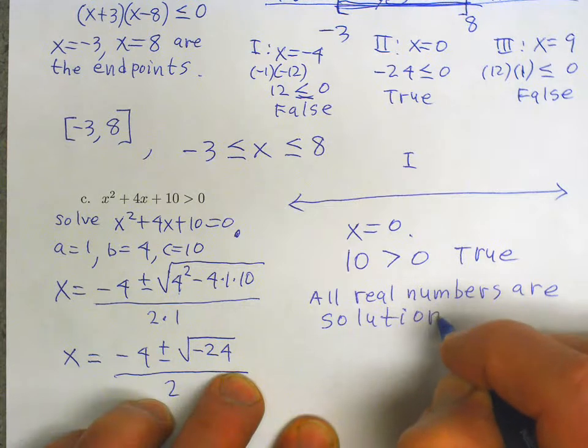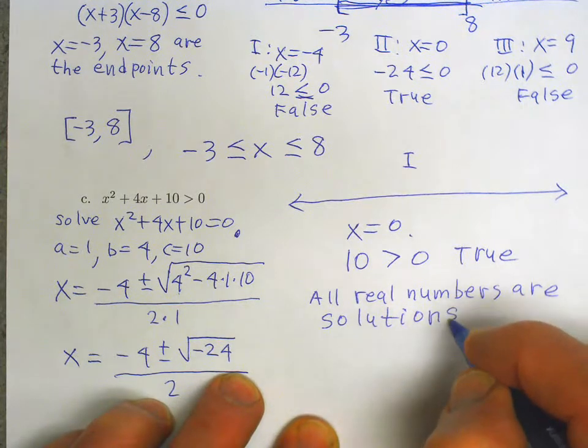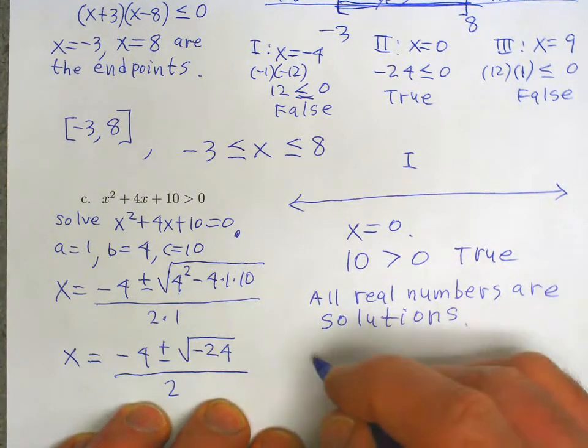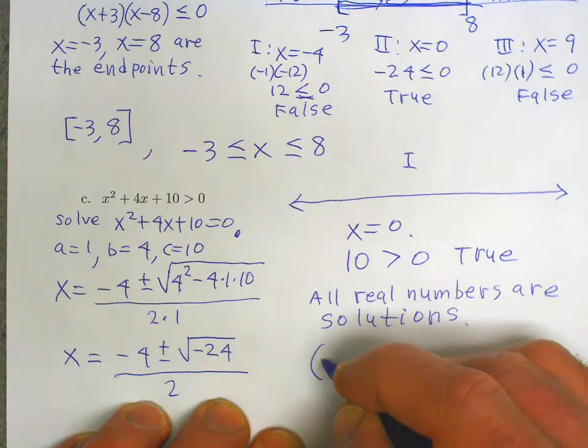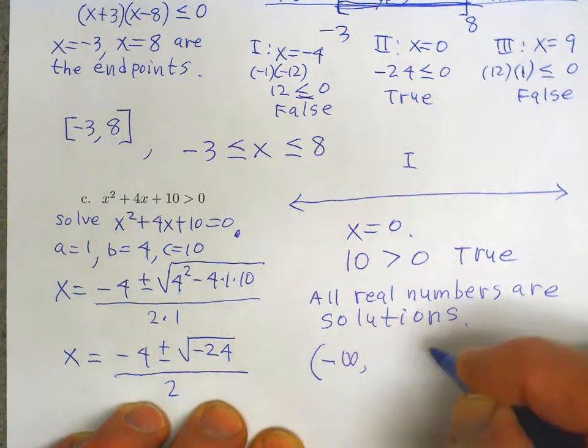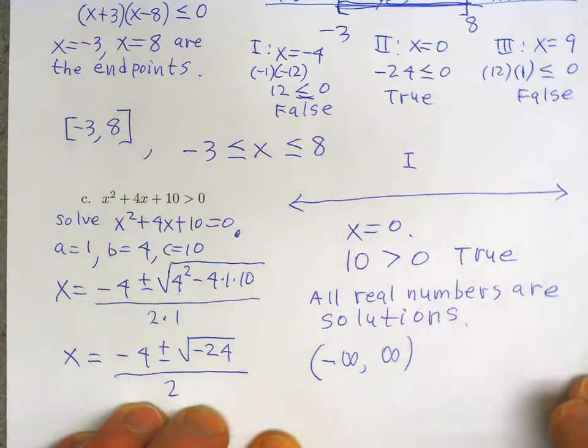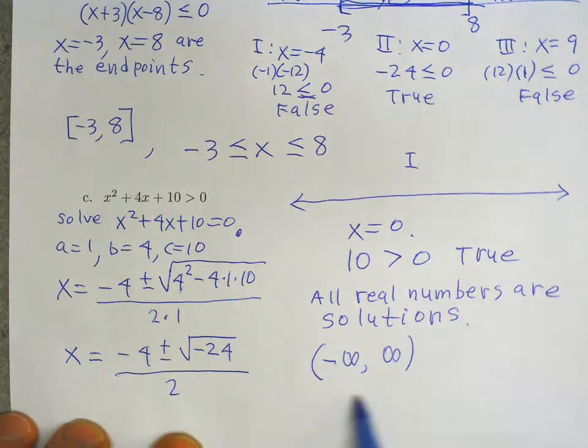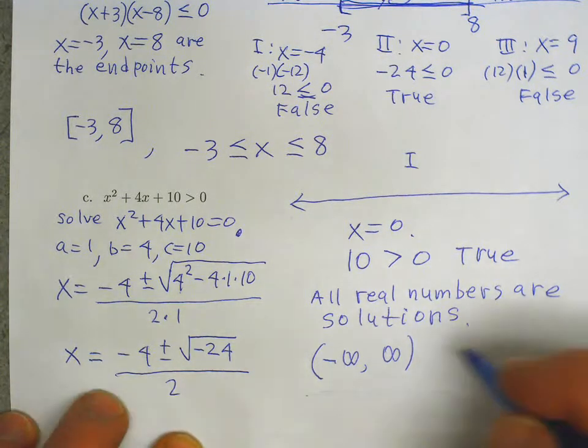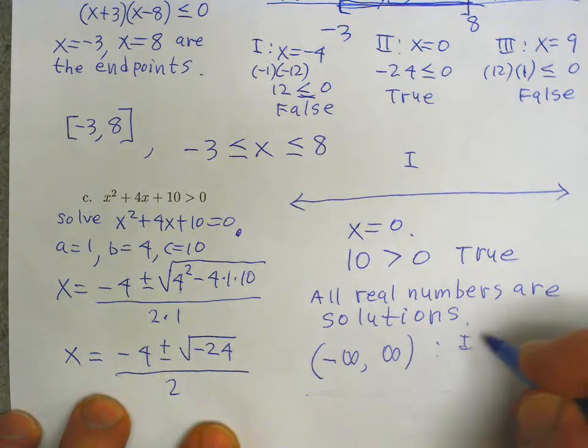The interval notation for all real numbers is parenthesis -infinity, comma, infinity, parenthesis. So this is the interval notation for all real numbers.